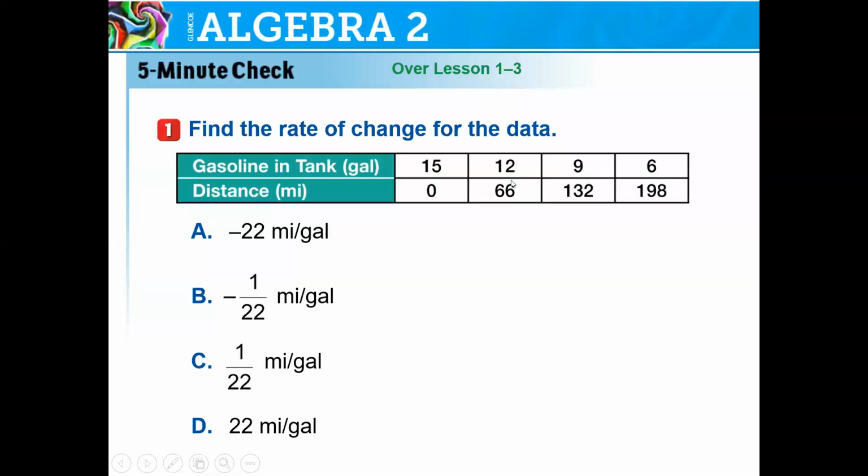a total or totals like this, we want to determine what would make sense to be our Y value, what would make sense to be our X value. Okay, and the way that we do this is we'd have to determine which is dependent upon which. So is the distance dependent upon the gasoline in the tank? I mean, it gives us an idea of how far we could go, but that really is kind of backwards, right?